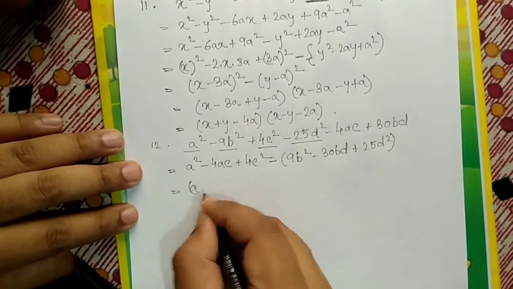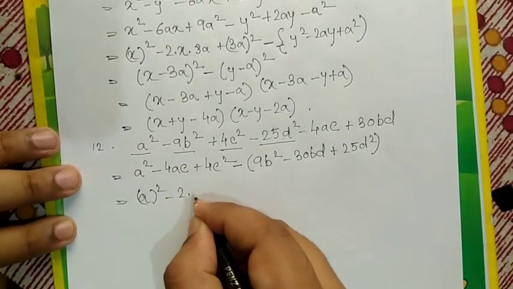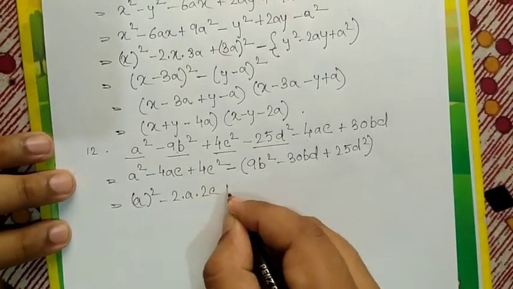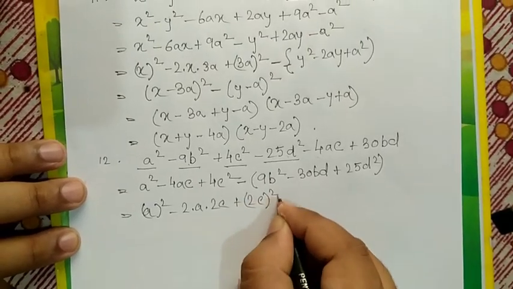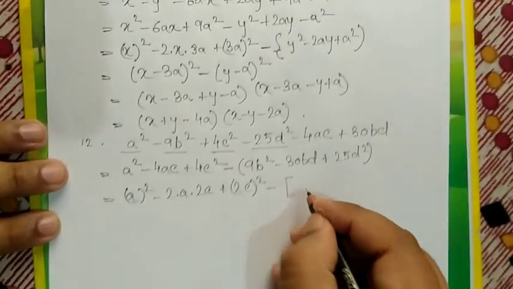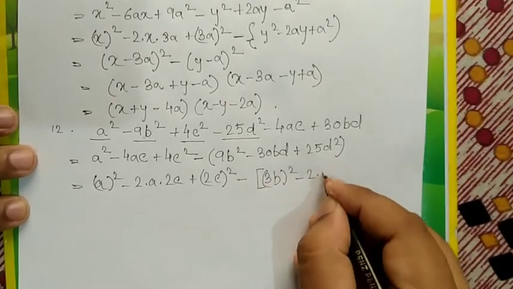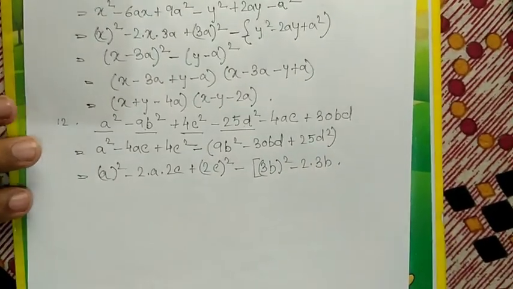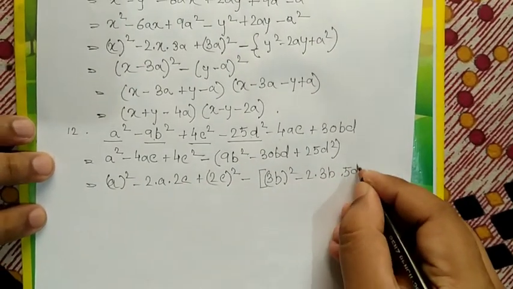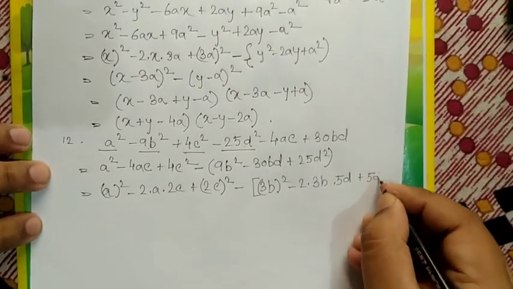So this should be a whole square minus 2 into a into 2c plus 2c whole square, minus in third bracket 3b whole square minus 2 into 3b into 5d plus 5d whole square.